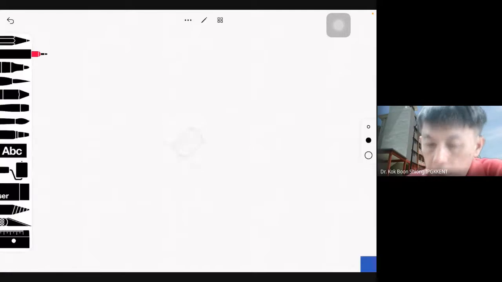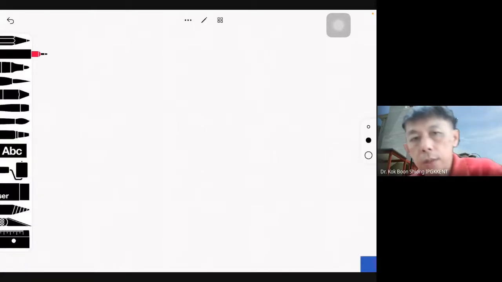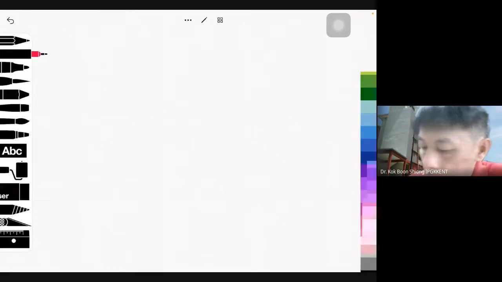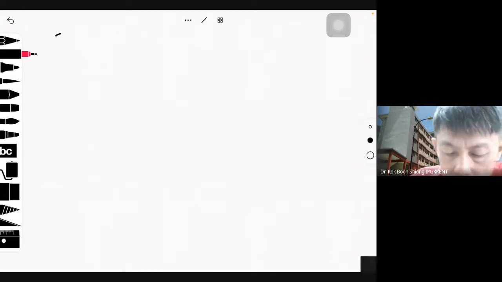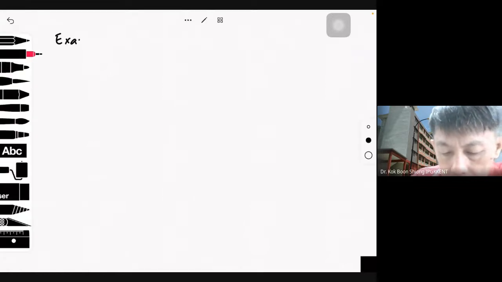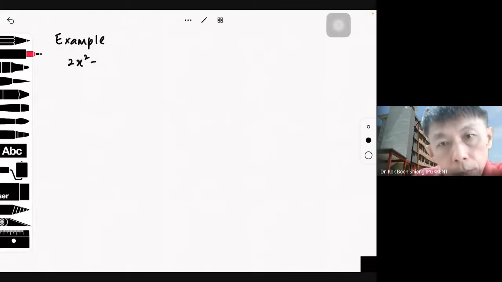So we look at the second example, also using sign graph. Two x squared plus... okay, look for the factors.